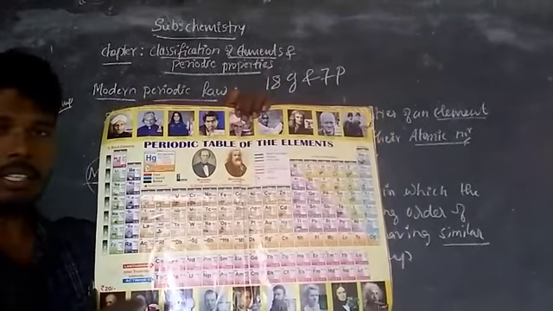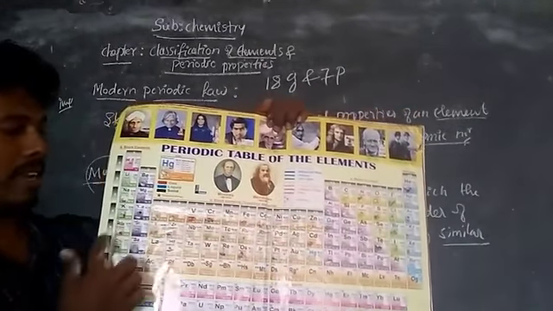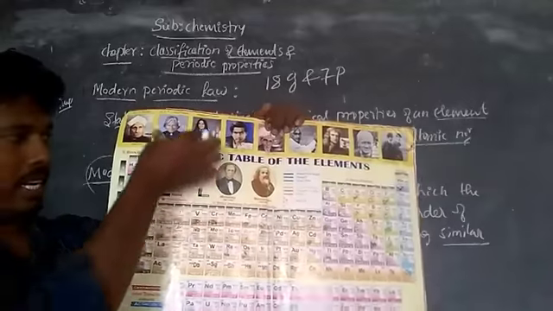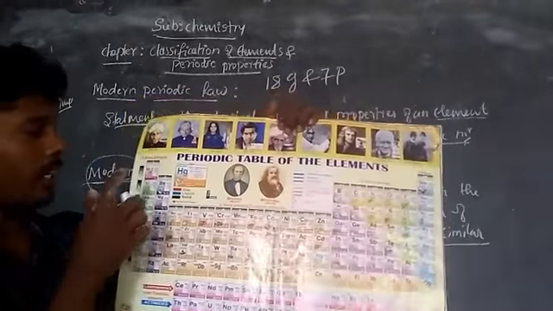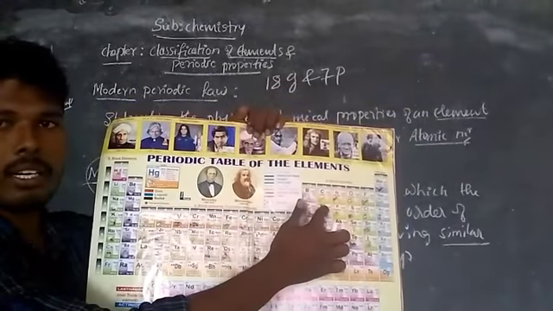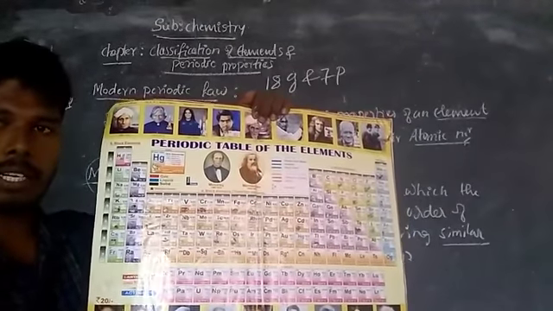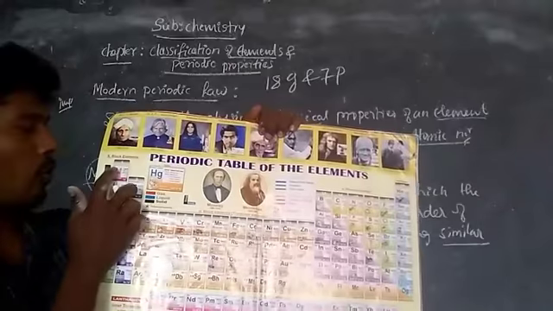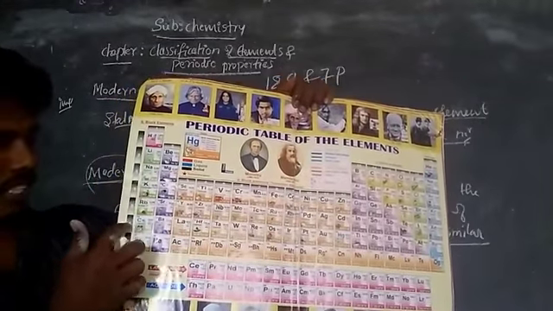So see here, there are 7 periods and 18 groups. 18 groups ಇದೆ, 7 period ಇದೆ. Horizontal rows we call periods and vertical columns we call what? Groups. Remember.